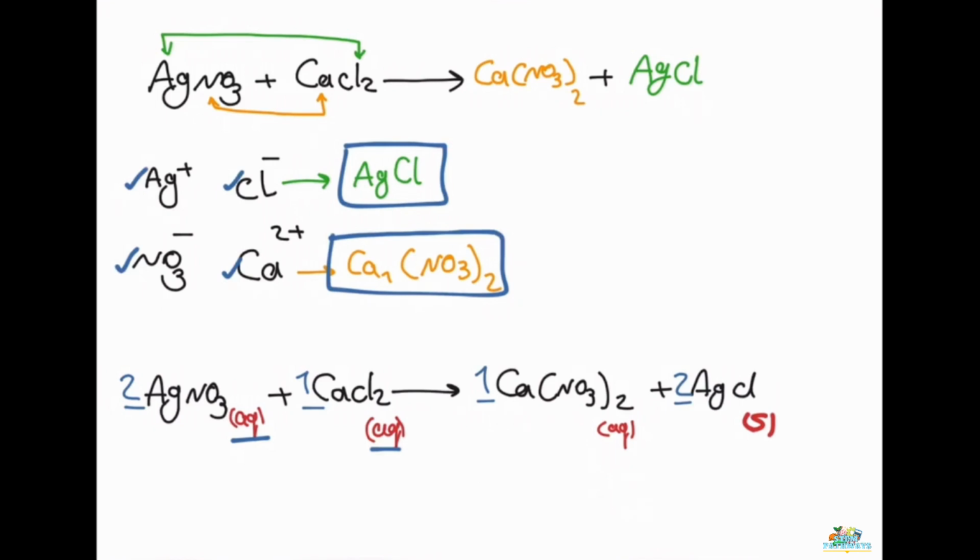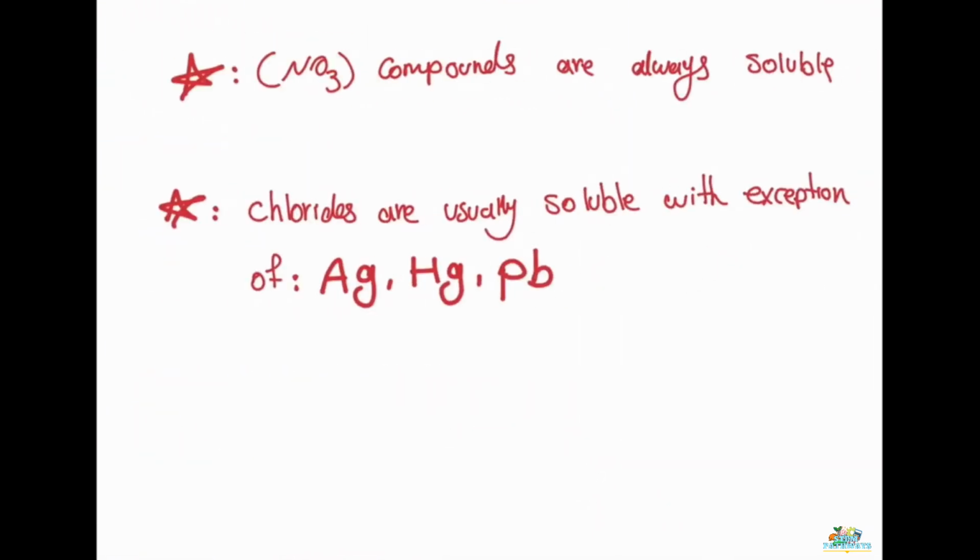The next step will be finding out: do we have any solid compound or not? For doing so, you should know some solubility rules, and the two most important ones you see here now. All compounds that have NO3, nitrate compounds, are always soluble in water. So whenever you see something like X, but it ends with NO3, this is for sure aqueous.